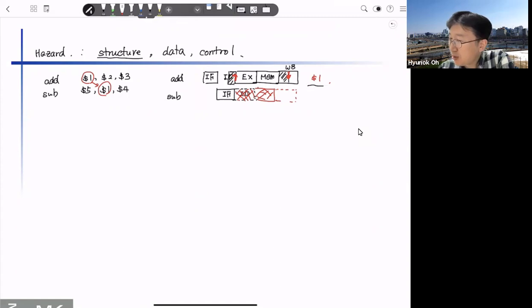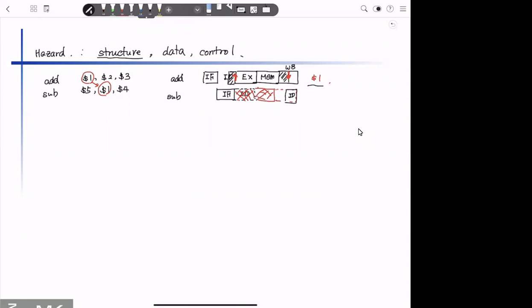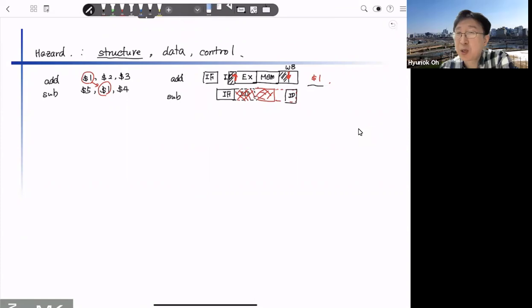Okay, so in this case, when can we start the subtraction? Subtraction read can start here, right? Because write back is already completed in the add instruction. So we can start instruction decode at this moment, which means, how many bubbles do we have to insert? How many cycles do we have to wait for the subtraction?